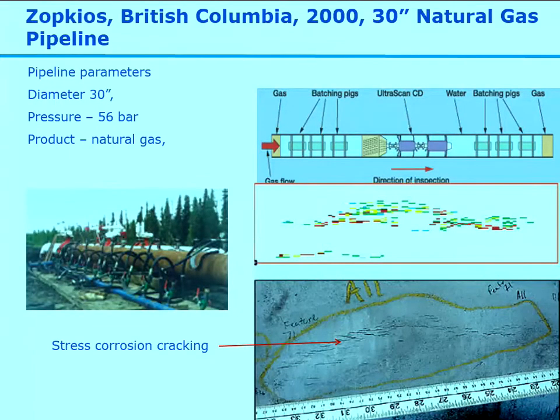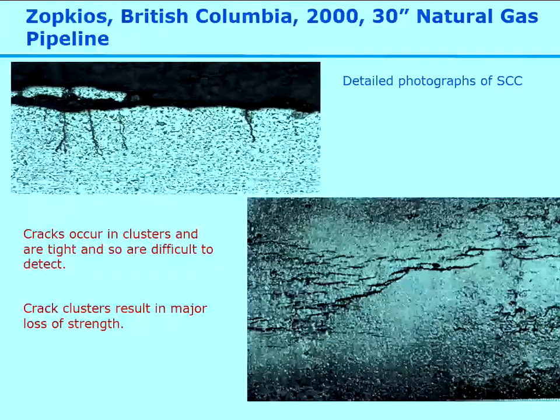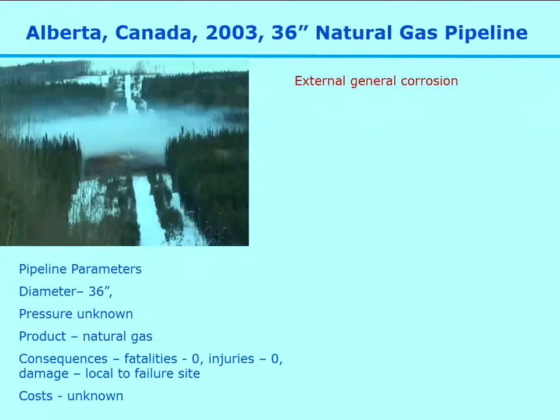This is an example of external general corrosion, which is actually quite unusual. You don't often get major serious incidents now due to external corrosion, simply because most pipelines are inline inspected, and so you would expect to pick up corrosion.